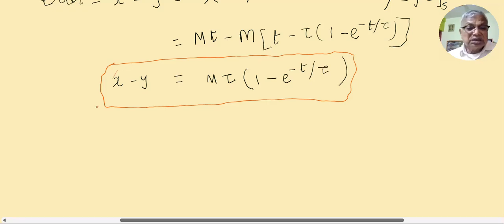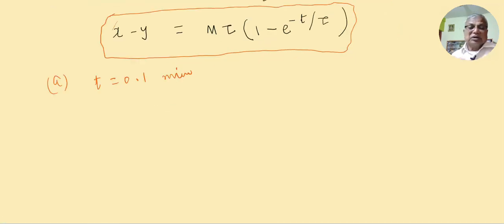So part A is t equal to 0.1 minute. How much will x minus y be?